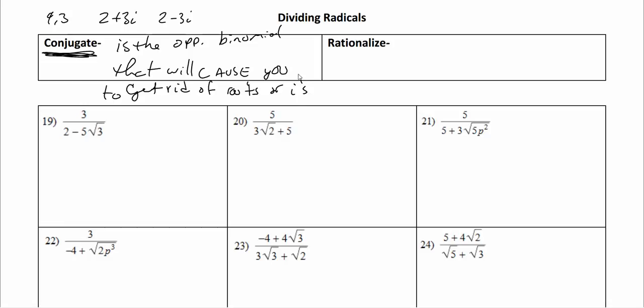I'm not going to deal with i's, but I'm going to put the whole definition down there. But it causes you to get rid of roots. So for instance, if it was 2 plus root 3, then the conjugate would be 2 minus root 3.